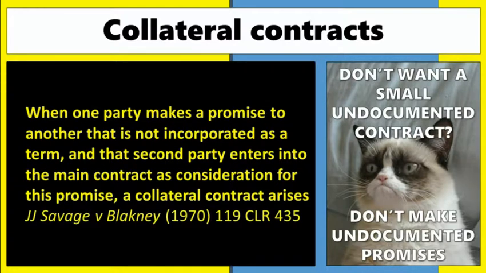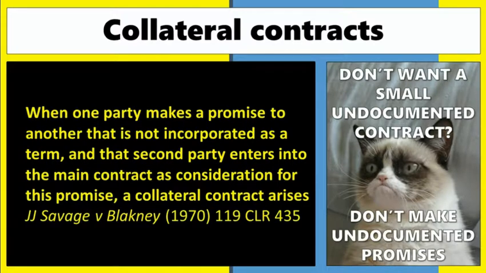Nonetheless, it can have some legal effect, and if party A has made a particular representation that isn't incorporated into the contract, but nonetheless induced party B into entering into that main contract, this representation forms the basis of a collateral contract.